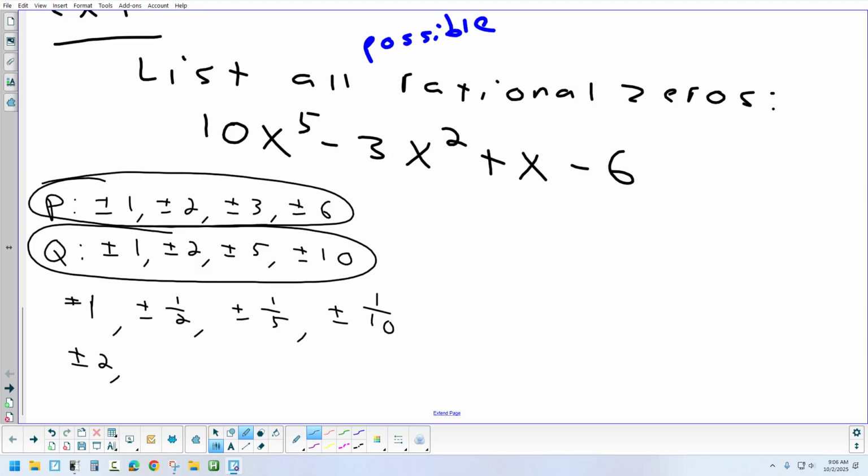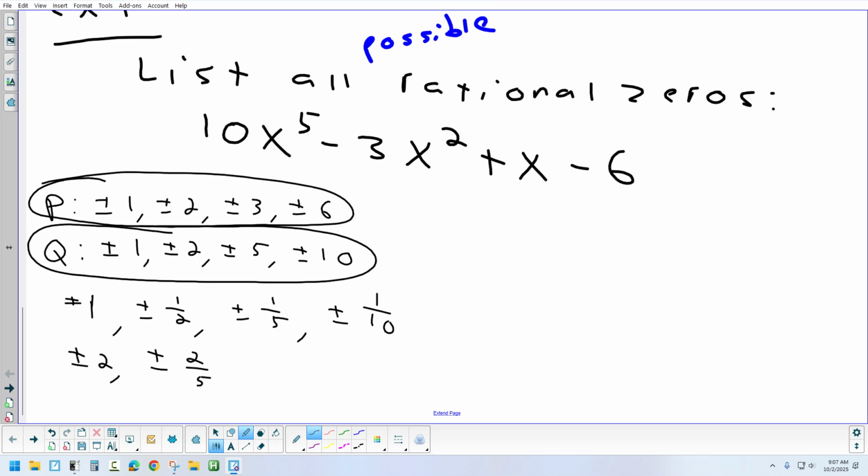Yep, positive or negative 2 over 5. And what would be the last one with 2 at the top? Yeah, it would be 2 over 10, which is 1/5, but we already have that one. So sometimes you get some repeats.